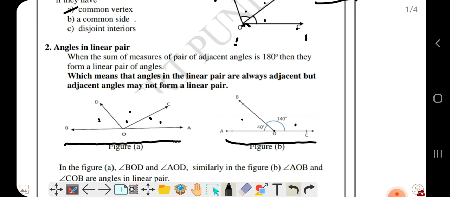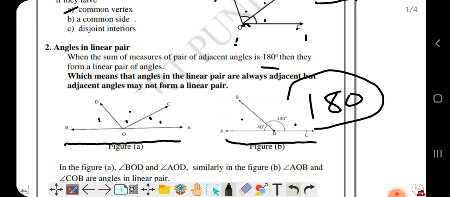These two angles, 140 plus 40, is 180. So the sum is 180. What is the definition of linear pair angles? When the sum of measures of a pair of adjacent angles is 180. Yes, the sum is coming out to be 180, then they form a linear pair of angles. So at this moment we can say that these angles are linear pair angles.